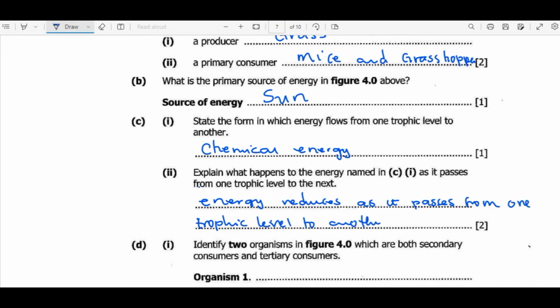So one thing that you can master here is that only about 10% of energy is transferred to the next level, while 90% of energy is lost via processes like respiration, locomotion, reproduction.